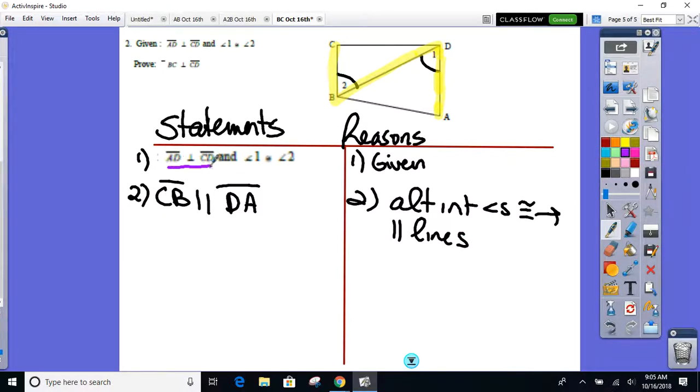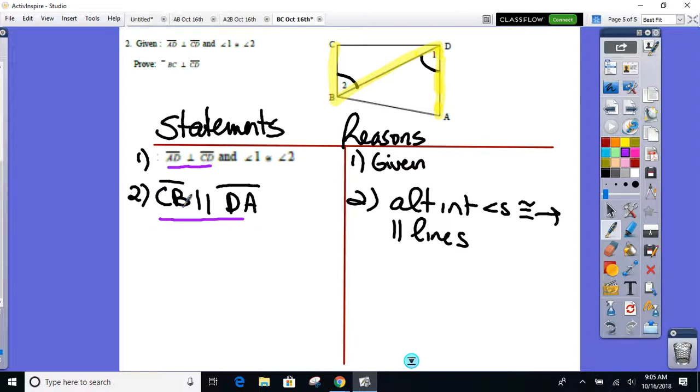So now you have a pair of perpendicular and a pair of parallel. With what line repeating? DA or AD, right? Everybody sees that. I have AD repeating itself in both the parallel statement and the perpendicular statement. Meaning, what should I know about CD and BC here? What's our third and final theorem say?